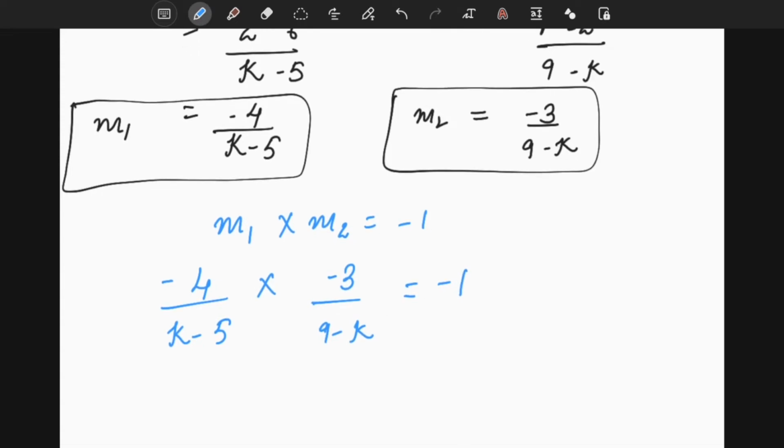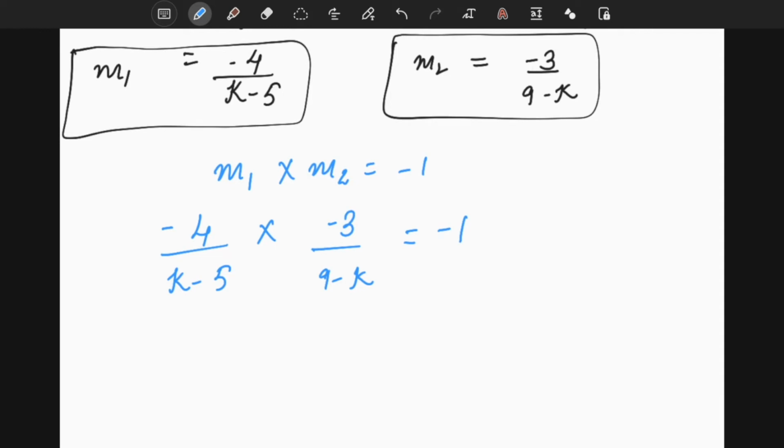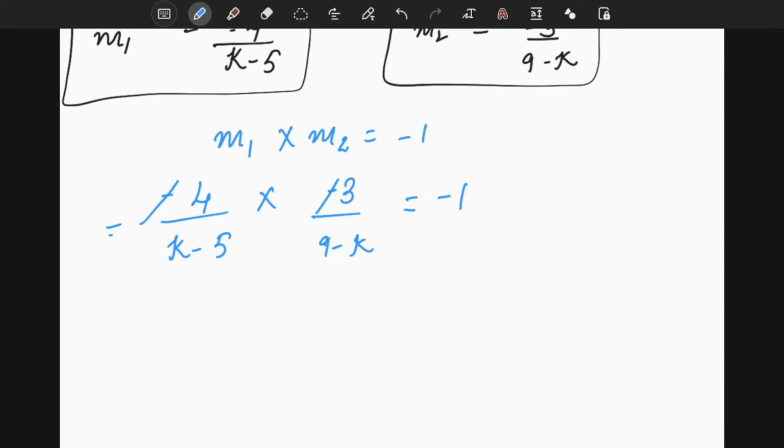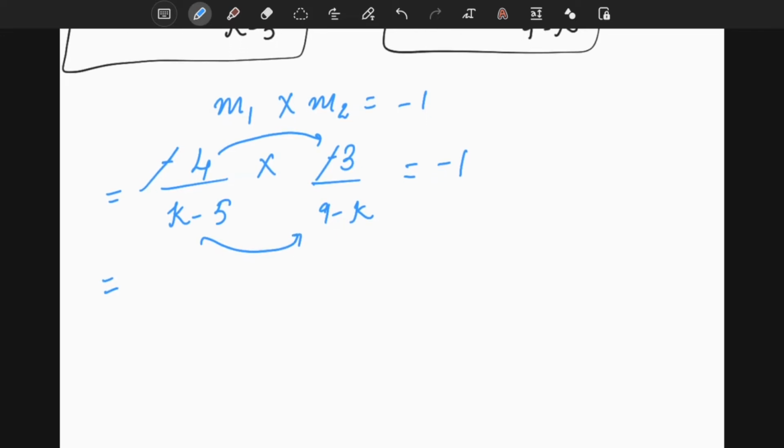Okay, now we have to do simple calculation. First of all, minus with minus cancel. After that, just multiply numerator with numerator and denominator with denominator. 4 into 3 is 12, over (k minus 5) times (9 minus k), is equal to minus 1.